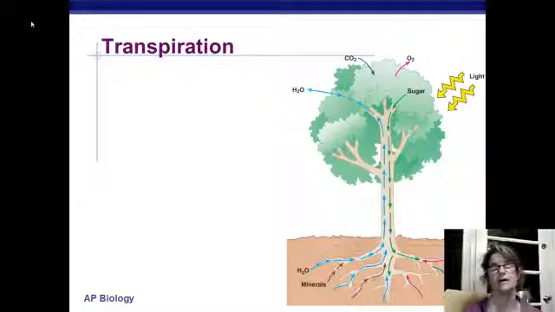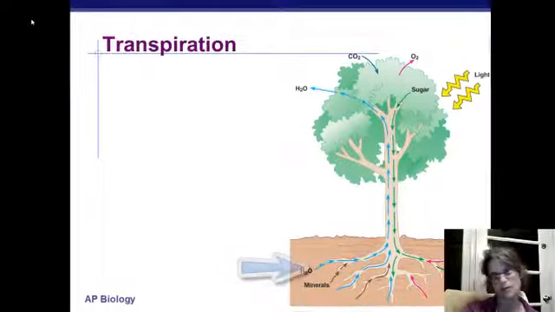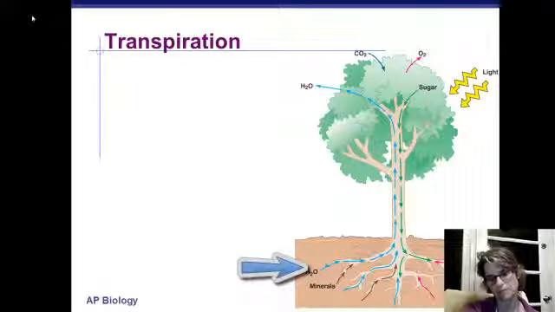Transpiration, an extraordinarily important way that water moves from the ground into the air, and one that is very commonly overlooked. The blue arrows are what we want to focus on here as water is taken from the soil into the roots of a plant.